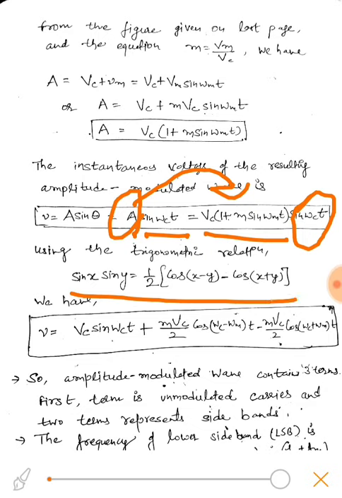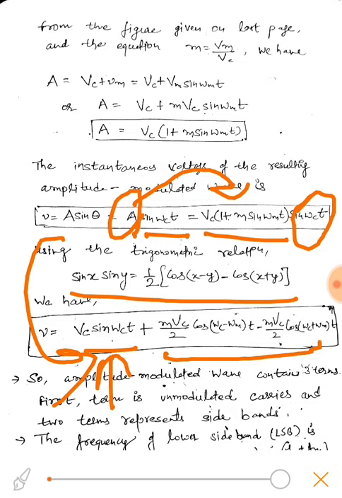So using this trigonometric function, we can simplify our expression for the modulated wave, which comes out to be Vc sin omega ct, which is nothing but the carrier signal, and we get two more terms, which are nothing but the two side bands having frequency omega c minus omega m and omega c plus omega m.